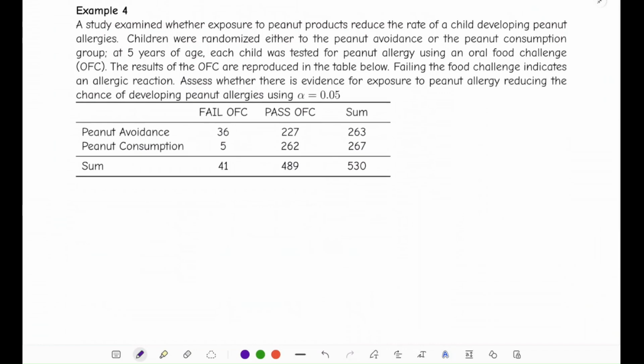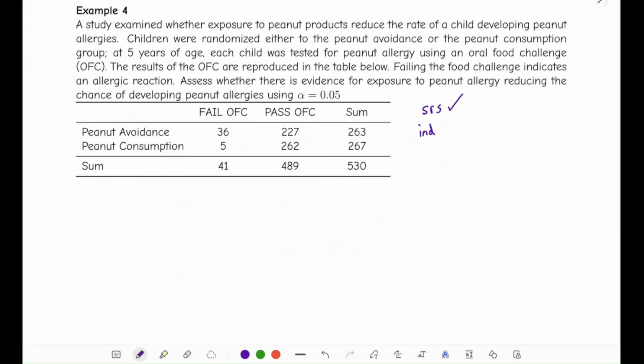The results of the OFC are reproduced in the table below. Failing the food challenge indicates an allergic reaction. Assess whether there is evidence for exposure to peanut allergy reducing the chance of developing peanut allergies using alpha equals 0.05. So our simple random sample checks out.